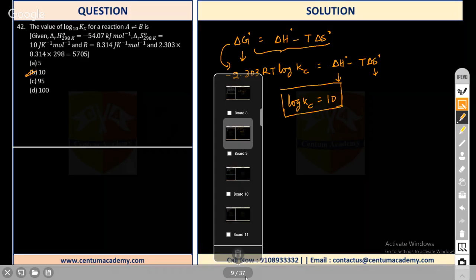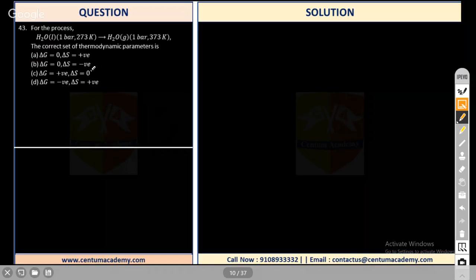Next question, you see this one. Tell me the value. A set of thermodynamic parameters is given. What is the correct value? Liquid is converting into gas.